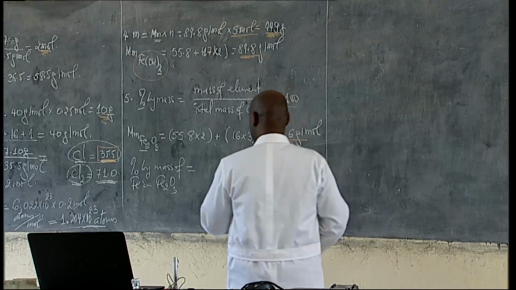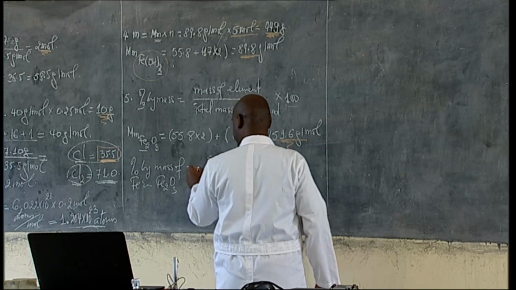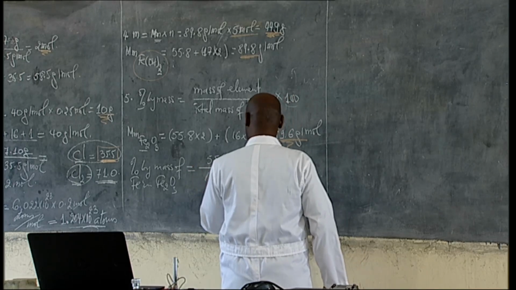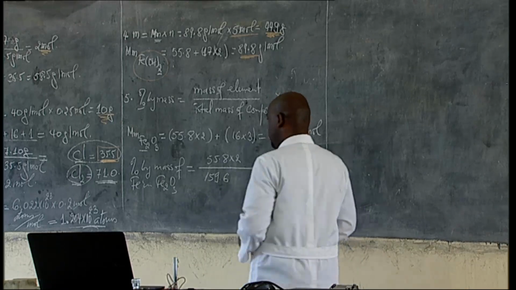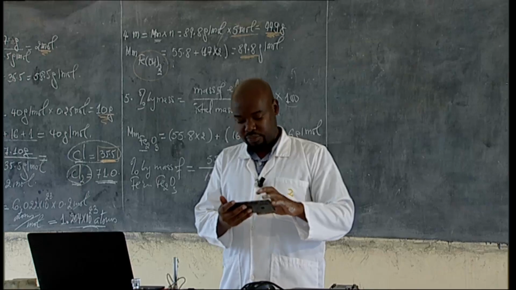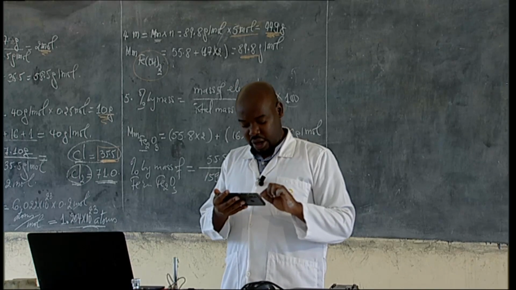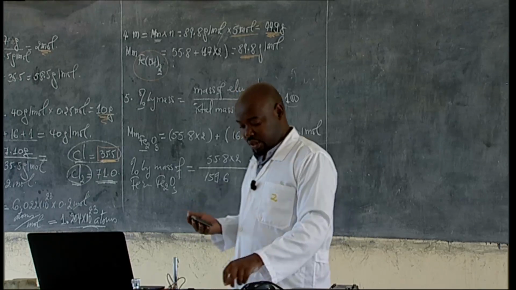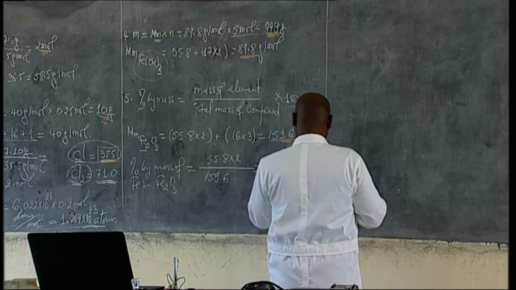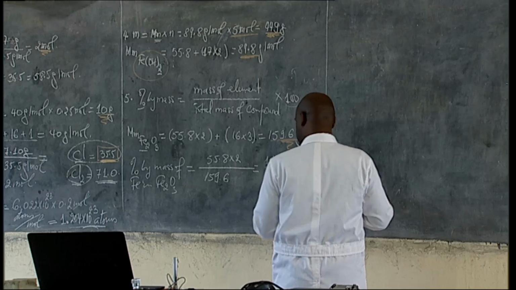And then we have 55.8 times 2 over 159.6. 55.8 times 2 is 111.6 over 159.6.